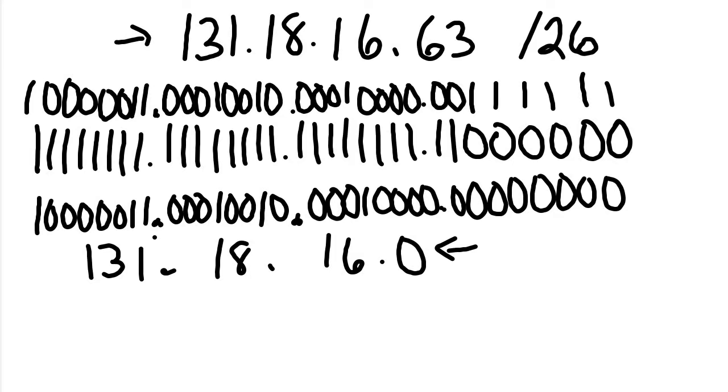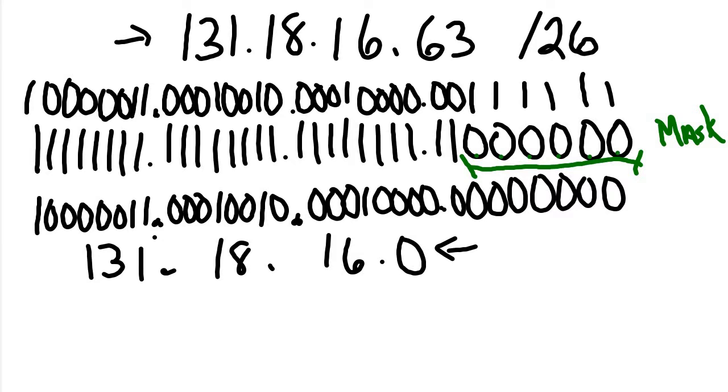Okay, so the next thing that we're going to do is look at the host portion of our network mask. This is our mask here in the middle now. The host portion is the zeros. So we've got 1, 2, 3, 4, 5, 6 zeros in our mask.